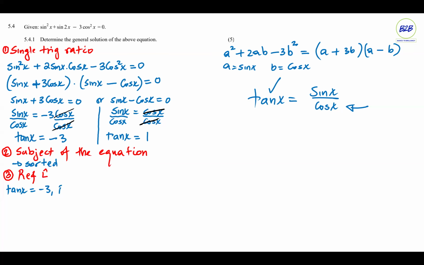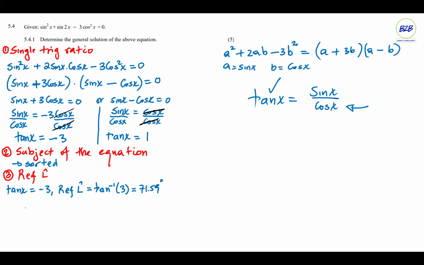Then the reference angle for that will be: shift tan, and then we get the inverse of tan. And then we substitute within those brackets by 3, not by negative 3, but by 3. And then that gives us 71.59 degrees. So that is our first equation.